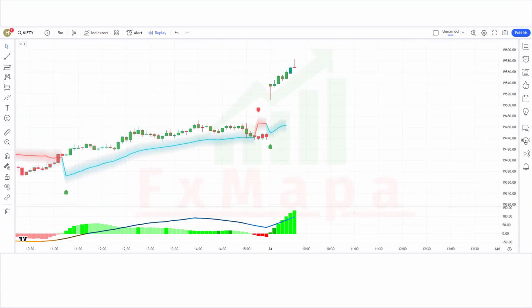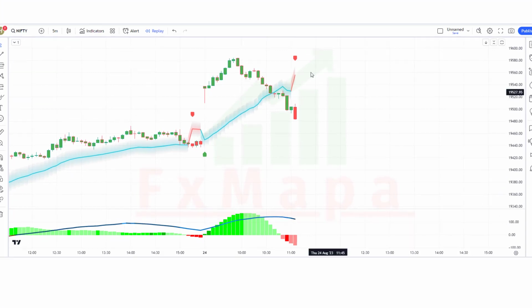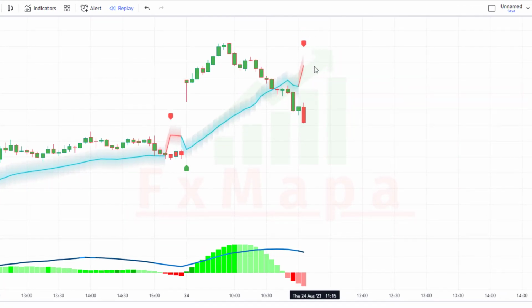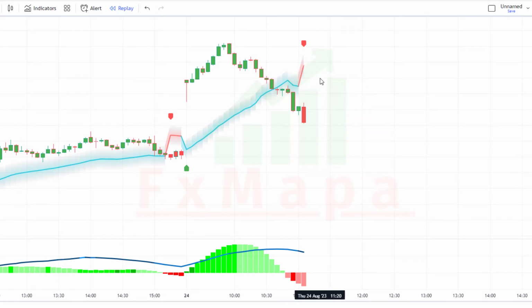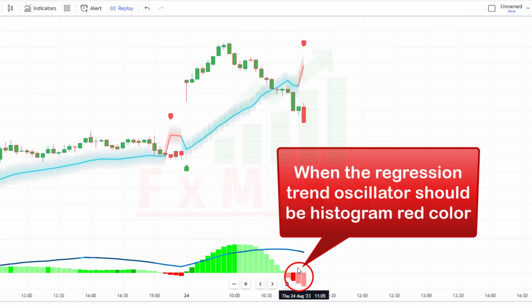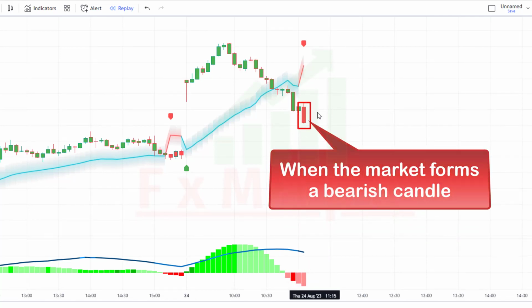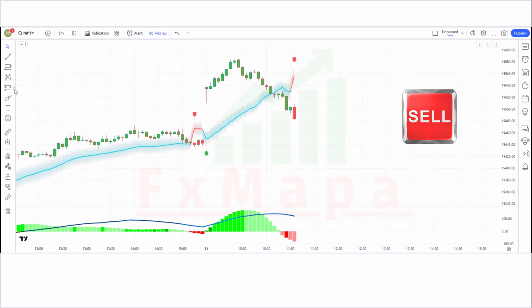Now, let's understand the concept where we will take buy and sell trades based on their conditions. When the Trend Sniper indicator gives us a sell signal, the Trend Sniper should be a red line, the Regression Trend Oscillator should be a red histogram, and the market forms a bearish candle. If this condition is fulfilled, then we will place a sell order.